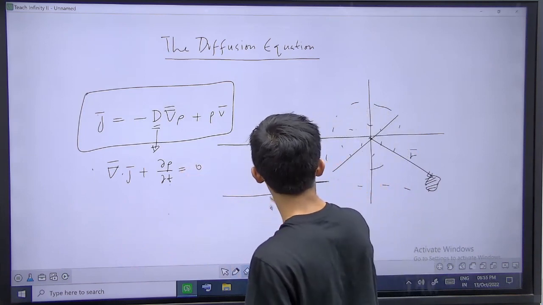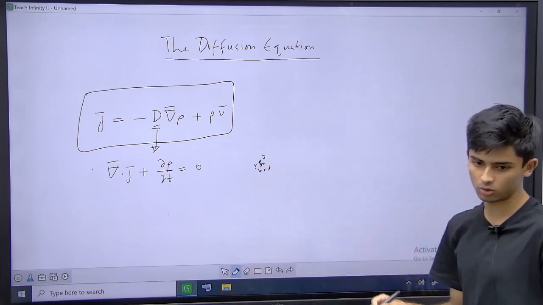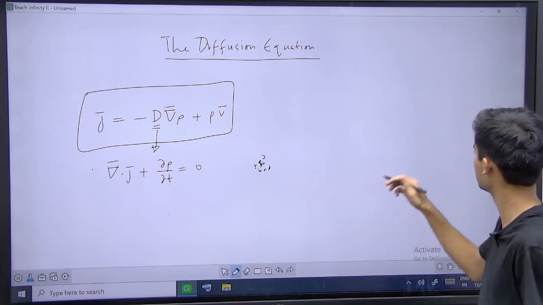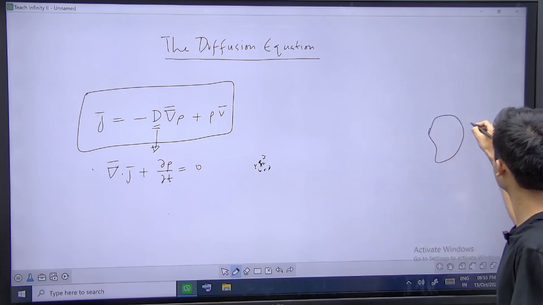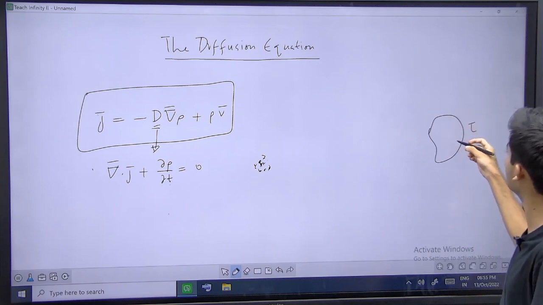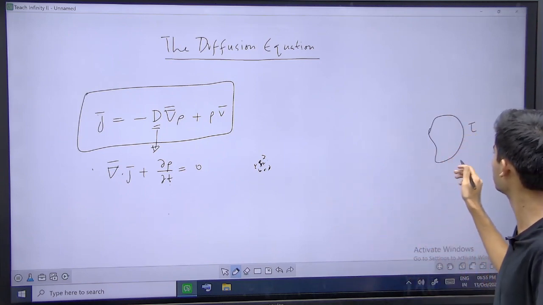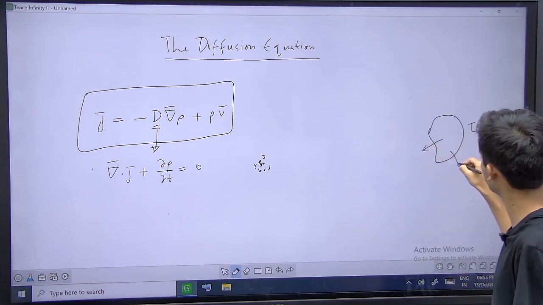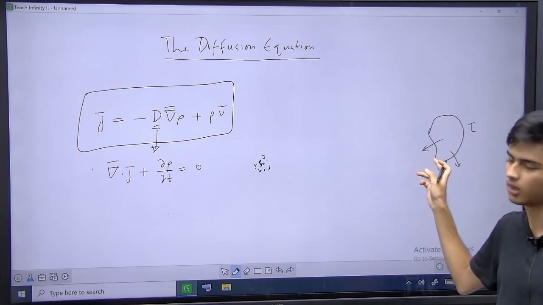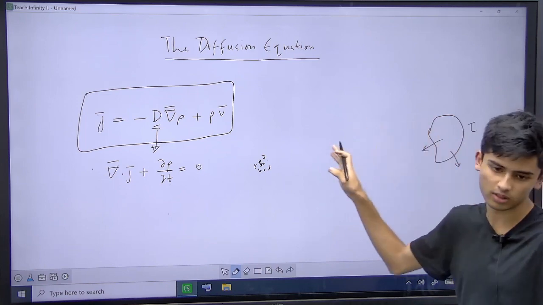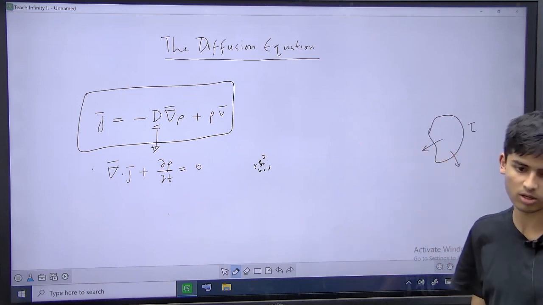You can get to that by just considering a small volume, say tau, and just conserving the number of particles. So the flux of particles moving out will be equal to the change in the number of particles inside, and you will once have to probably apply the divergence rule, if I remember correctly.